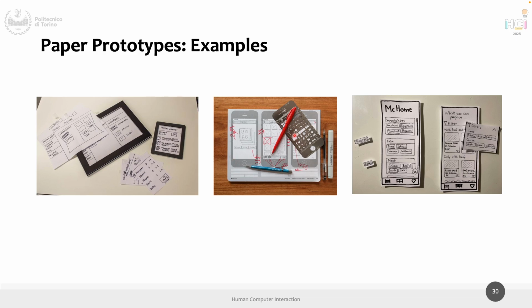This is done with a stencil, so you can just draw in the boxes. And this instead is a tablet application where they also draw and create the border of a tablet to make it more realistic. So they don't just have a piece of paper on the table, but a nice border where you can put in the piece of paper.